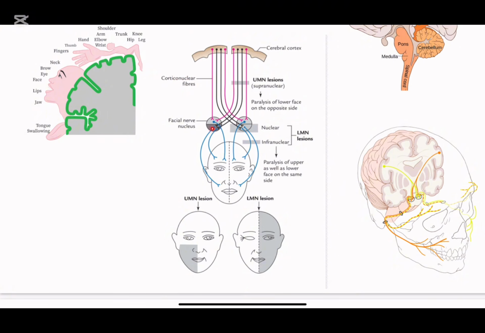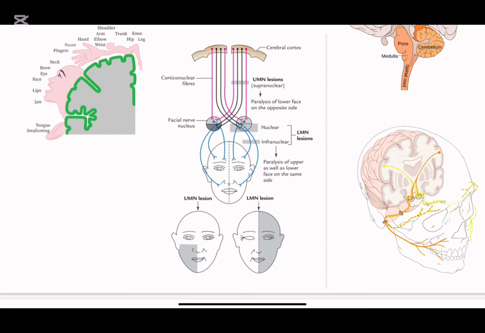But the lower part of the facial nerve nucleus is innervated only by the opposite corticonuclear fibers. So the upper part of the face is innervated by the upper fibers and the lower part of the face is innervated by the lower fibers. The same goes on both sides.